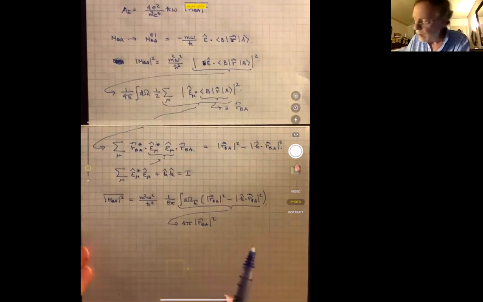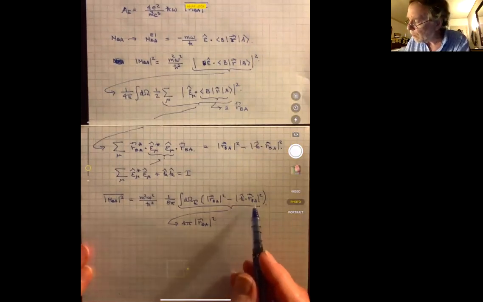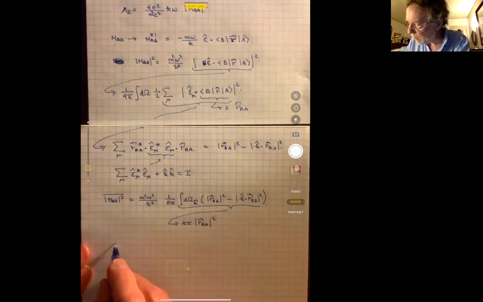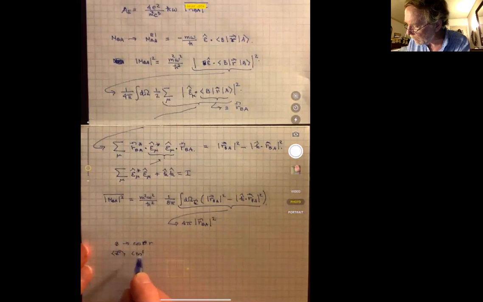Good. And so the average of one component of a vector squared, if you think about the z component in ordinary three-dimensional space, gives you cosine theta times r. So z squared averaged is the average of cosine squared theta times r squared.